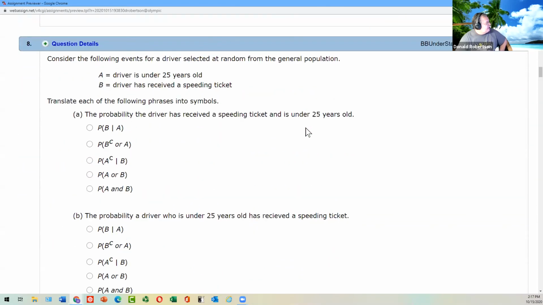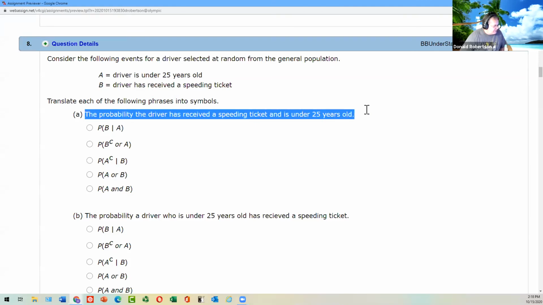On to question 8 then. Consider these two events. A, the driver is under 25, and B, the driver had a speeding ticket. Here is a probability in English, and our job is to convert it into one of these guys here.